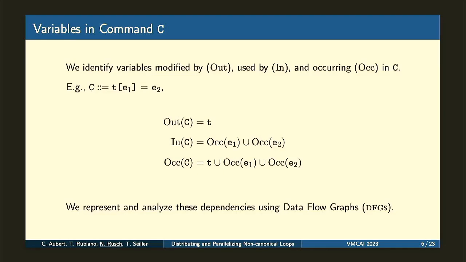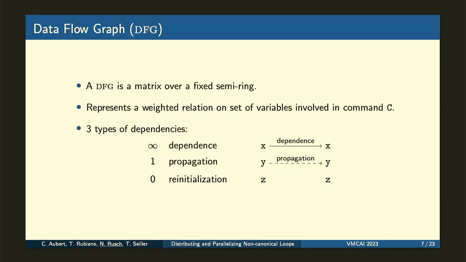Okay. We represent these in and out relationships as a data flow graph. So I'm going to explain to you what that looks like in more detail. A data flow graph, or DFG, is a matrix over a fixed semi-ring. And it's going to represent the weighted relationships of these variables in a specific command. We have three different kinds of dependencies that we identify here. You can have dependence, which we mark with an infinity.